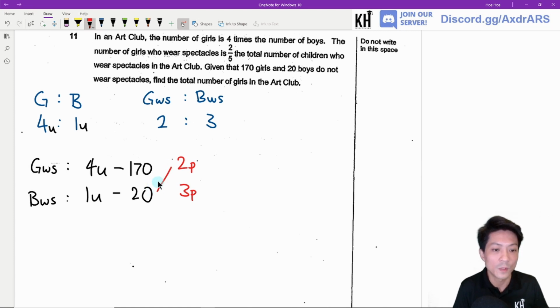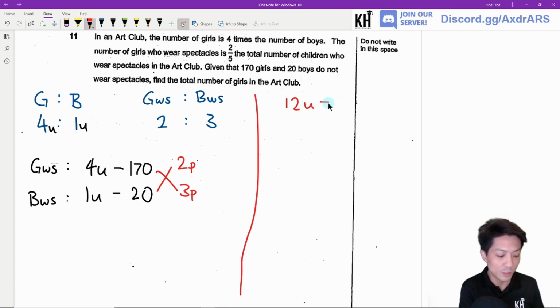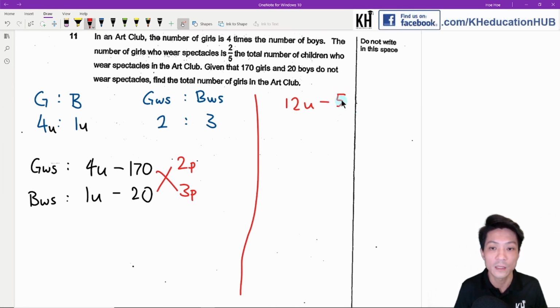The next step is to cross multiply, and I'm going to continue the working over here. The 4 units minus 170, I will multiply by 3, which will give me 12 units minus 510. That is going to be equal to 2 units minus 40.